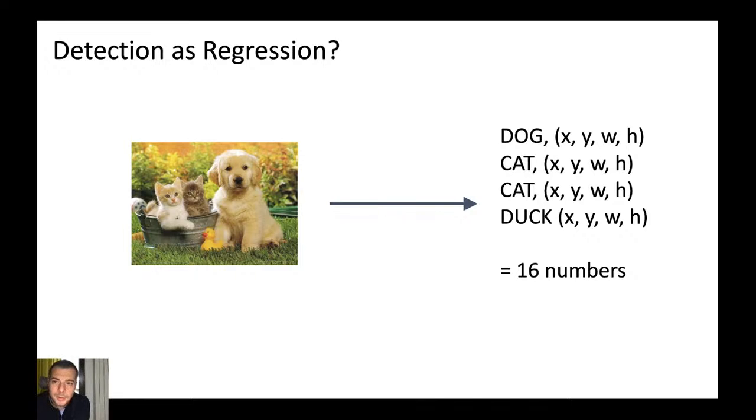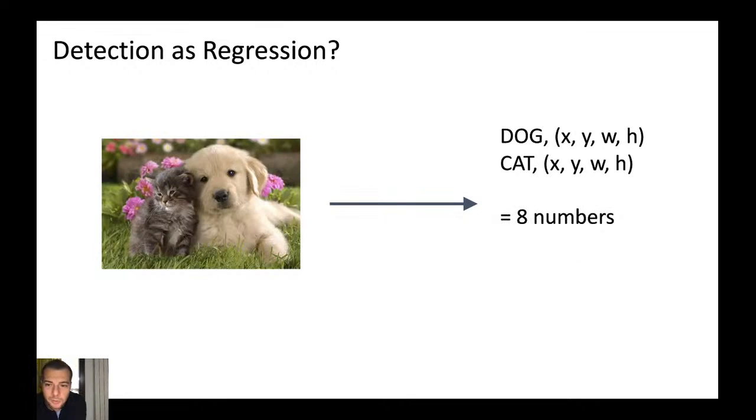Assuming that we have this input image, we have 4 objects, 2 cats, a dog, and a rubber duck. So we will need to predict for this image 16 numbers. And for this image we have only 2 objects, and we have to predict only 8 numbers.